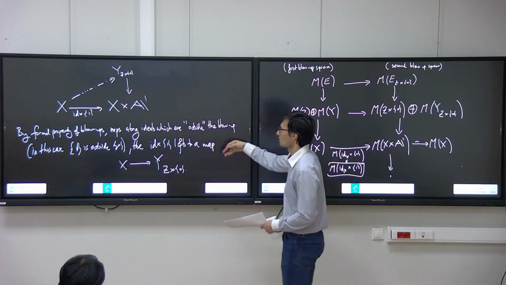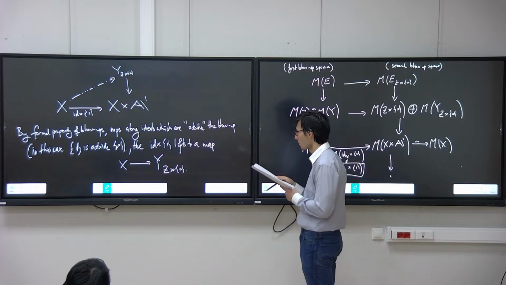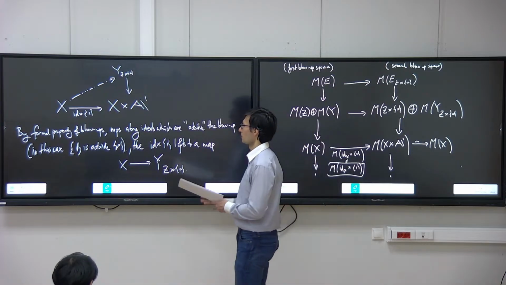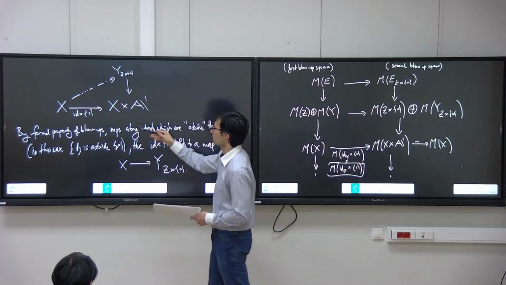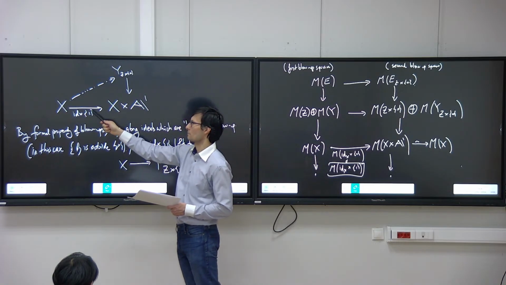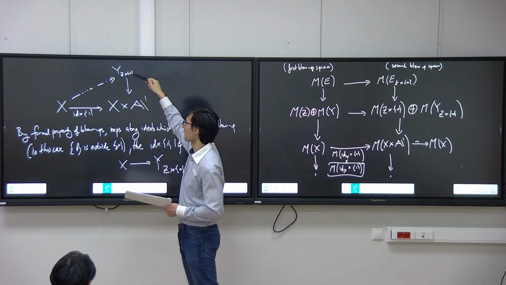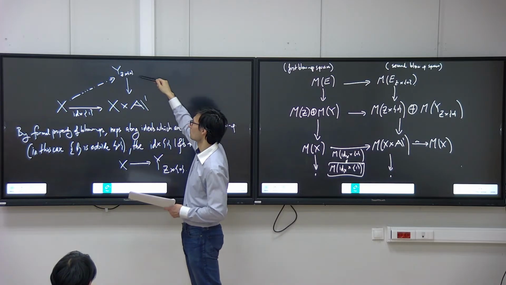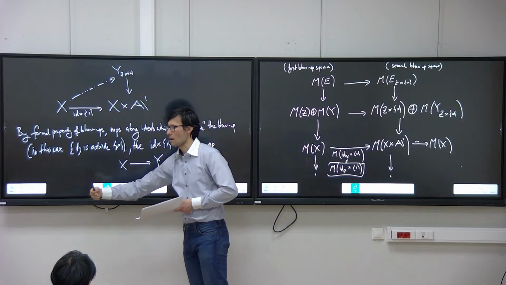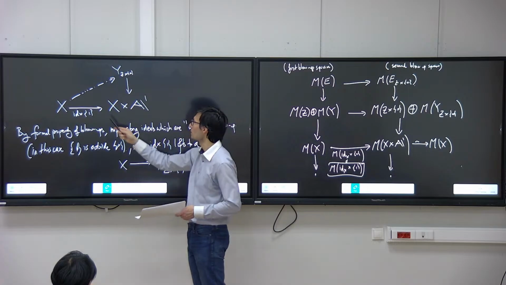The precise statement you can find in Hartshorne's book. Essentially, you can lift to the blow-up as long as the map is along an ideal which is invertible in the blow-up. I blew up along Z times 0 here, and because I look at another line which is away from Z times 0, it's Z times 1, which is completely disjoint, it lifts.